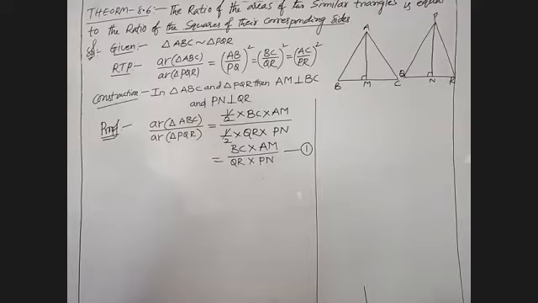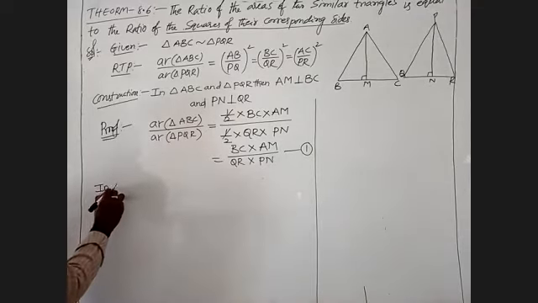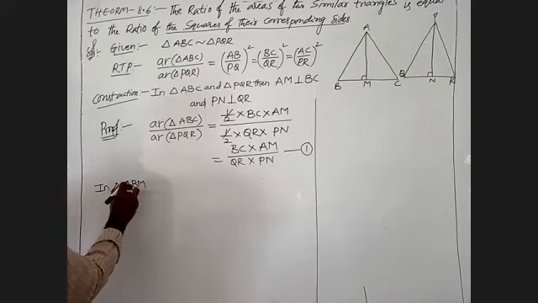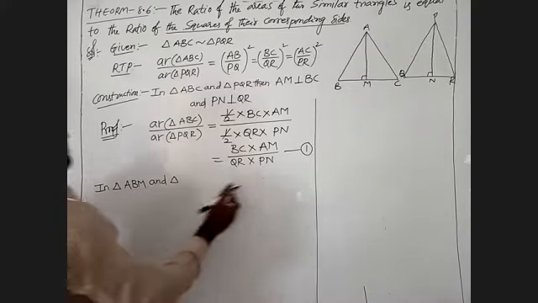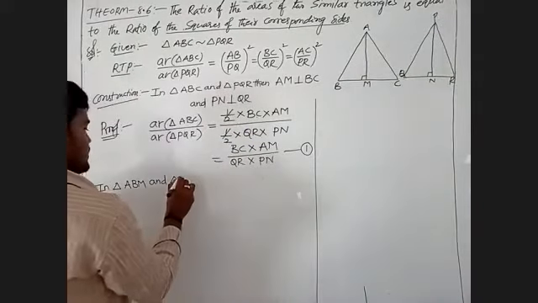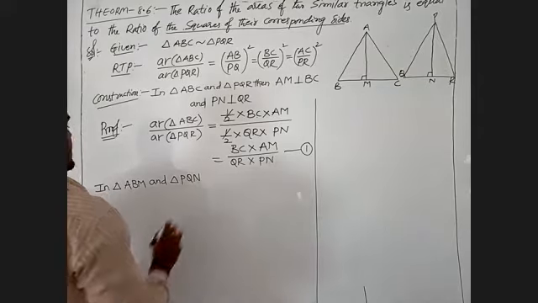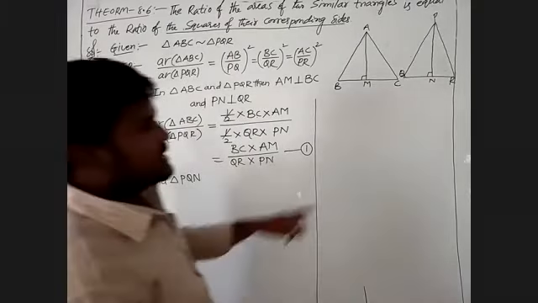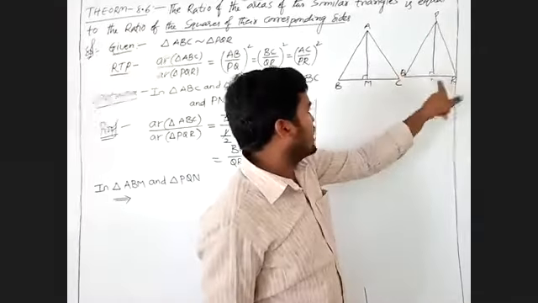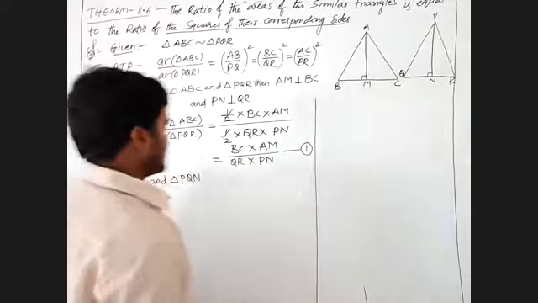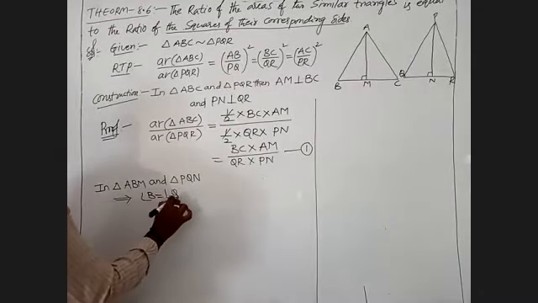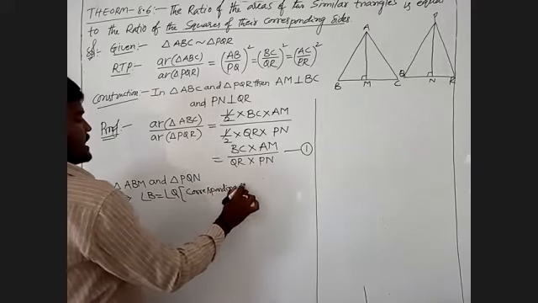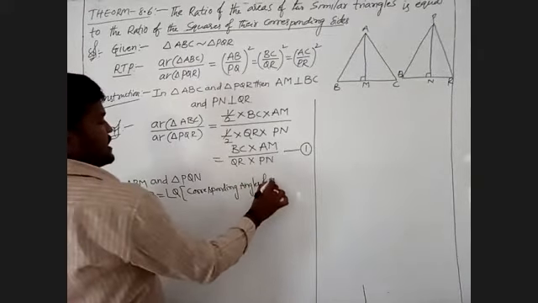Now, in triangle ABM and triangle PQN, angle B is equal to angle Q, as these are corresponding angles of similar triangles.